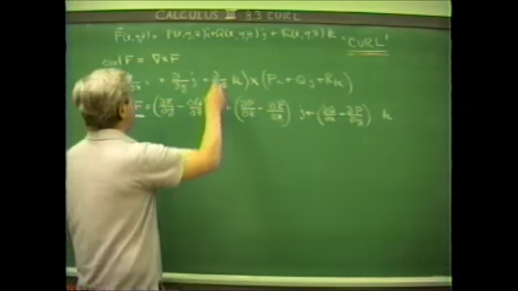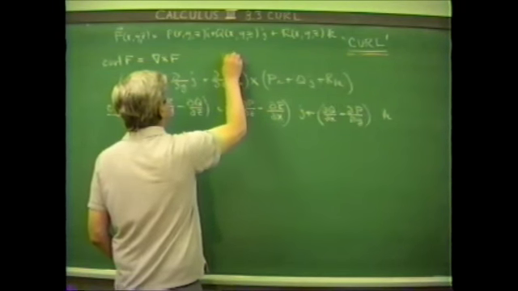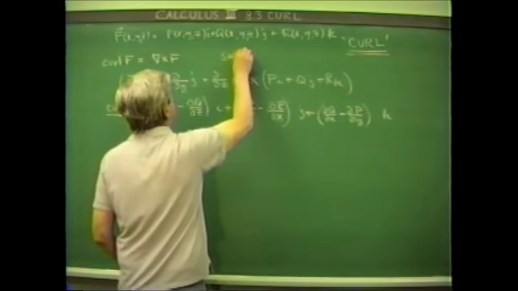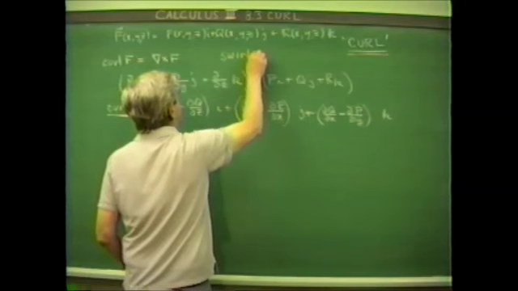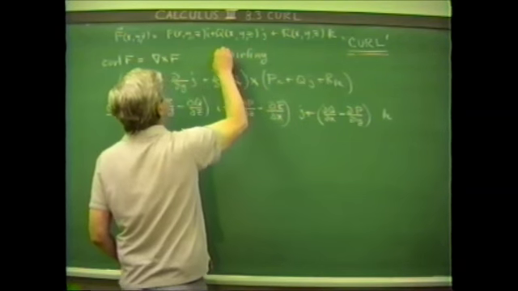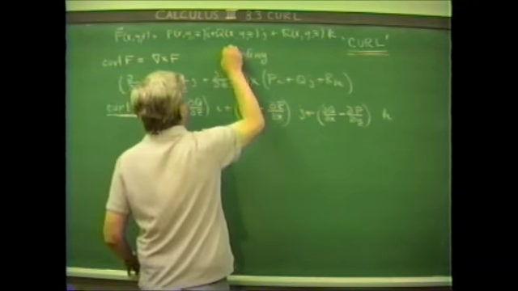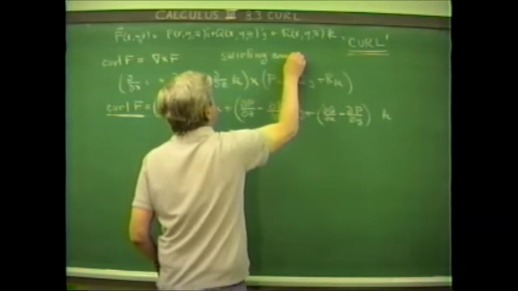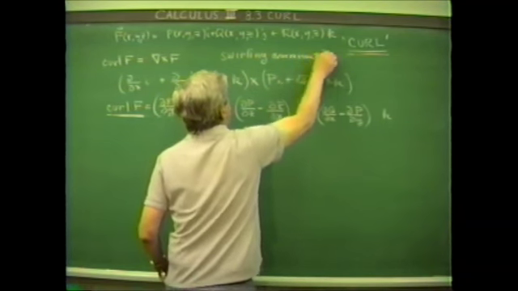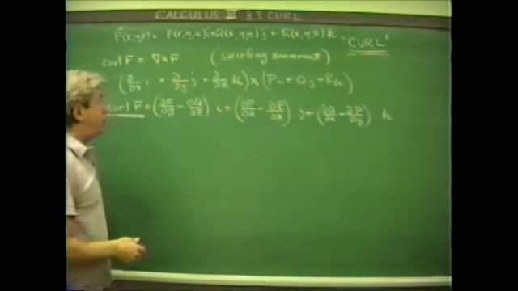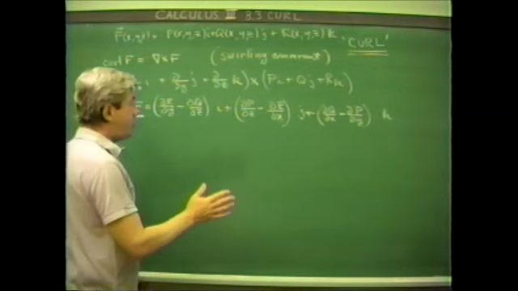This curl tells you the amount of swirling, just very poetically. The amount of swirling that occurs at the points, and it does this using the right-hand rule.